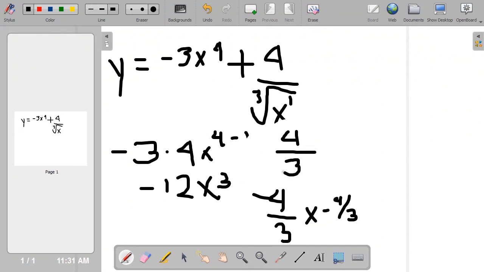No, it's not cube root. It's in fact the fourth root. Fourth root of x cubed.